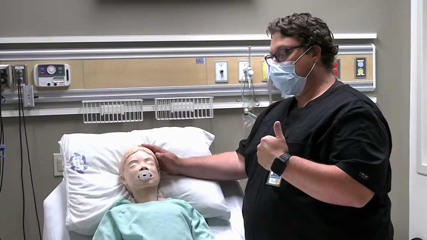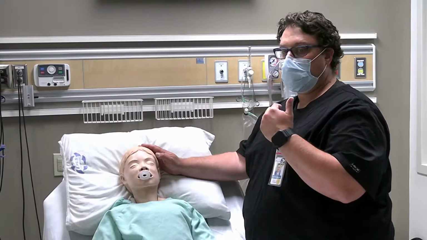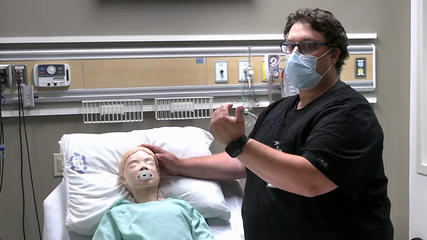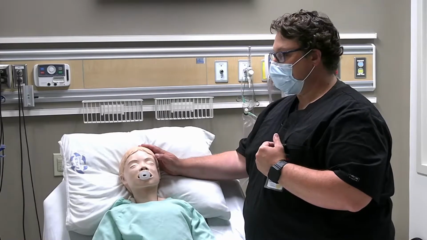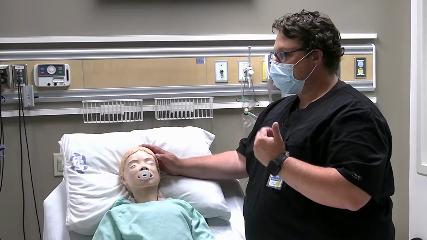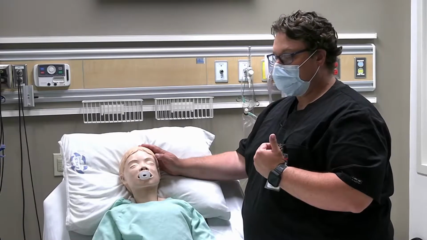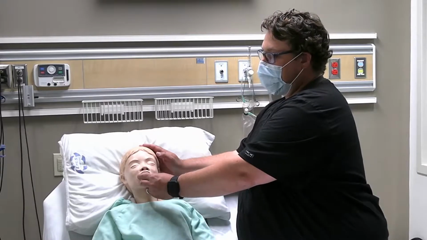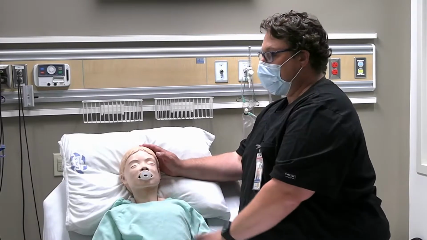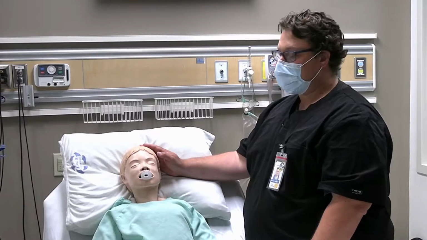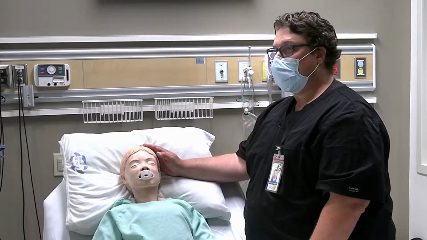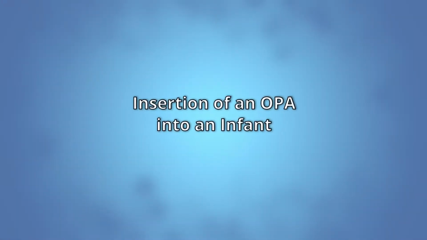With that curvature of the OPA, the hope is it's going to hook onto the tongue and keep it forward so it doesn't fall back and cause an obstruction for this patient. As their cough and gag reflexes begin to return, patients will start to cough, gag, and probably spit it out. If they're unable to do so, it's very important that the nurse at the bedside is able to react quickly to remove it in order to prevent vomiting and aspiration.